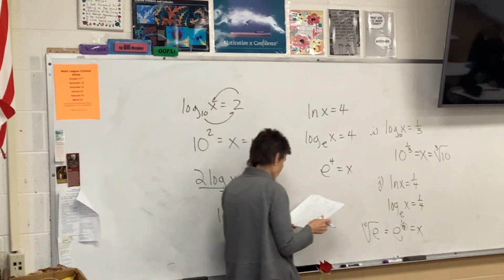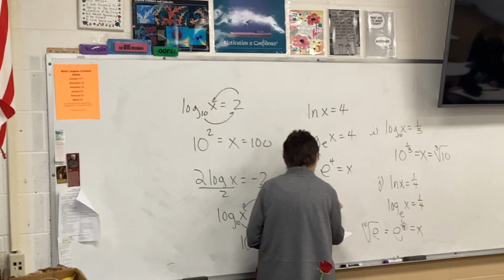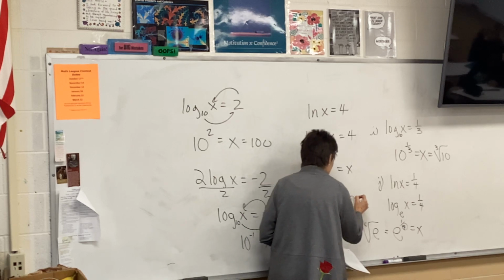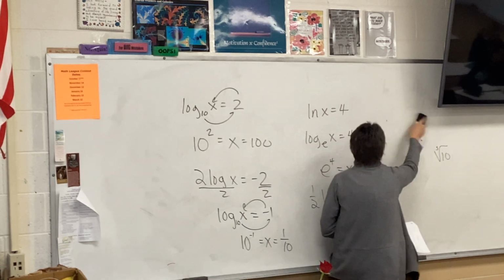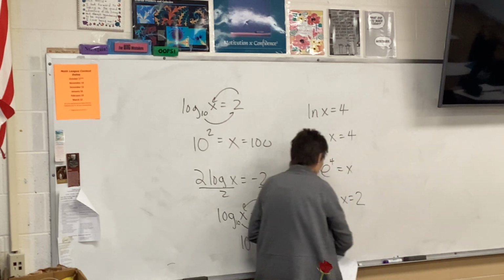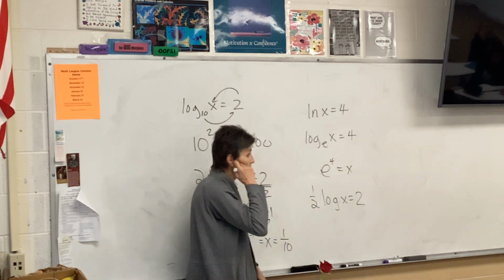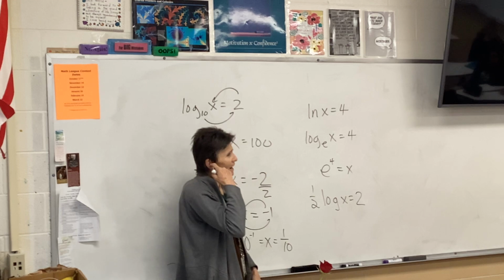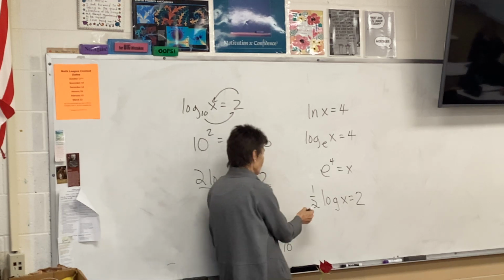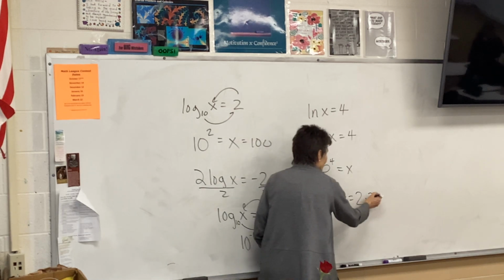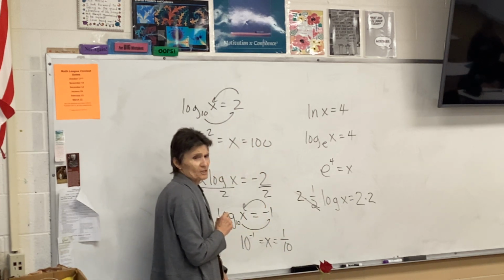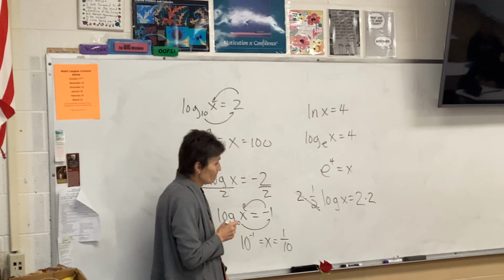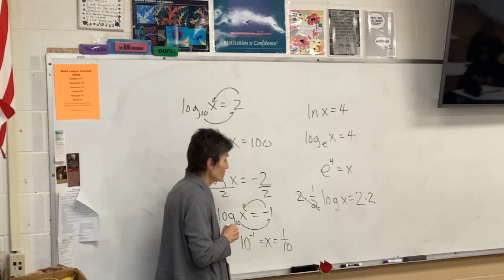All right, last one, looks a little harder. 1/2 log x equals 2. What should I do first with that guy? I can divide by 1/2, but I would rather multiply by 2. It's just easier for me to think about it that way. You'll get the same answer if you divide.